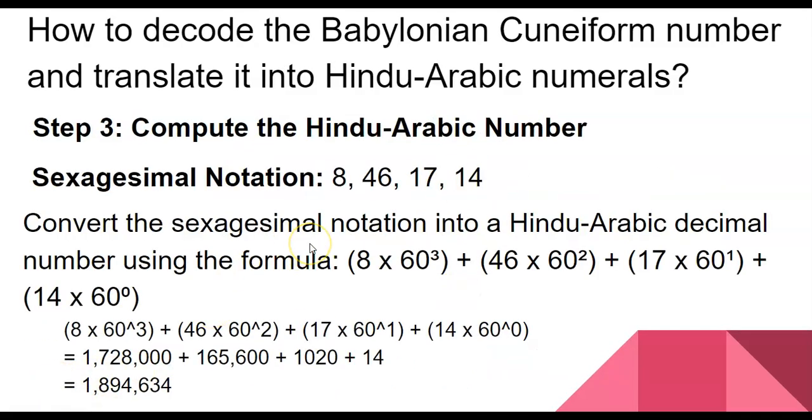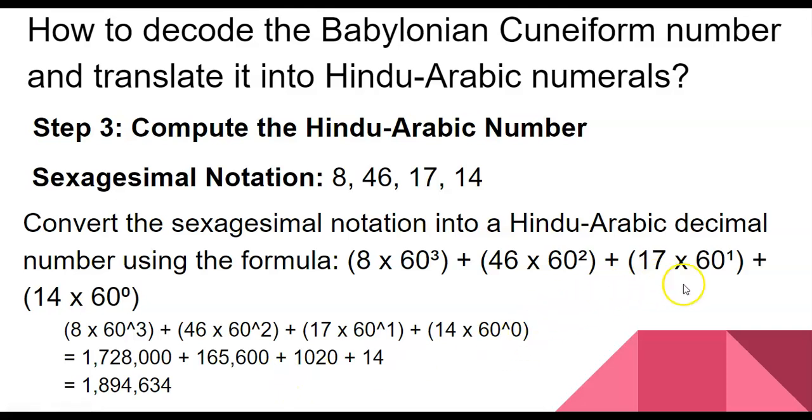Next, after converting the decoded Babylonian cuneiform characters, we convert the sexagesimal notation into a Hindu-Arabic decimal number using this formula. So 8 times 60 cubed, that's 1,728,000. And then 46 times 60 squared, that's 165,600.